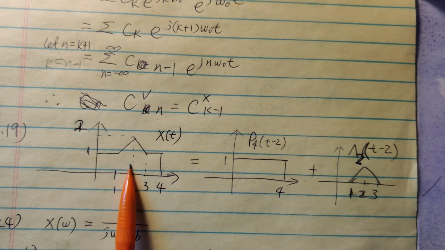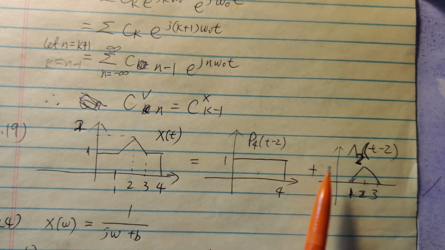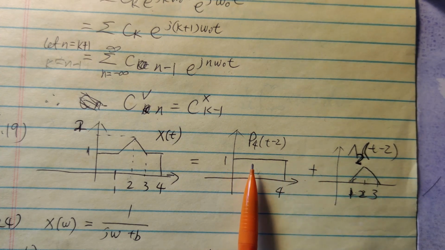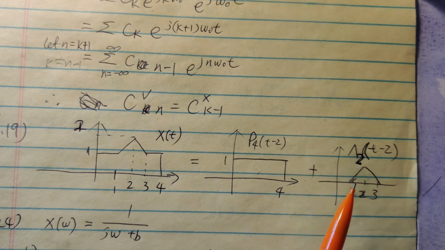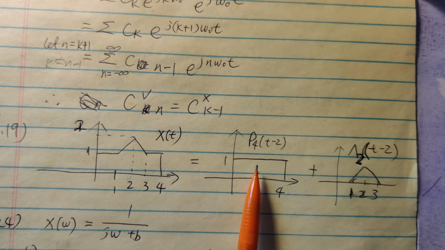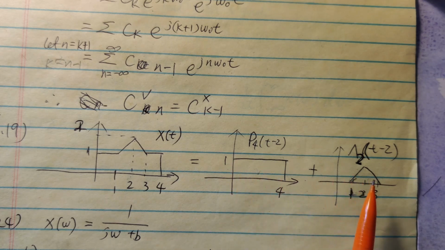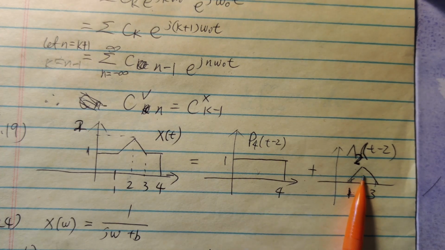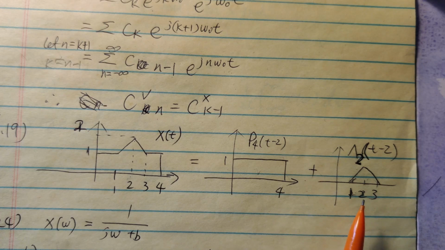So x(t) is 1 plus another one. Find each individual one's Fourier transform, then use linearity to find the original one's Fourier transform. Both the rectangular function and triangle function, you can find their Fourier transforms in the table.